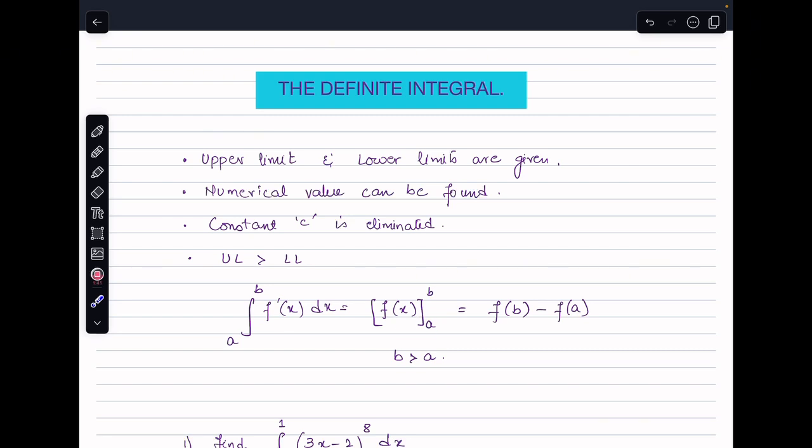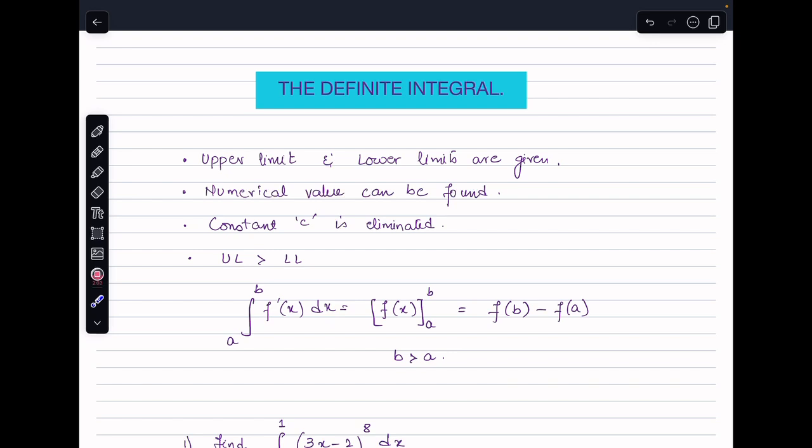And then further I can say that it is going to be the difference between the upper limit and the lower limit. So it should be f of b minus f of a. And again keep in mind that b has to be greater than a. Upper limit has to be greater than the lower limit.